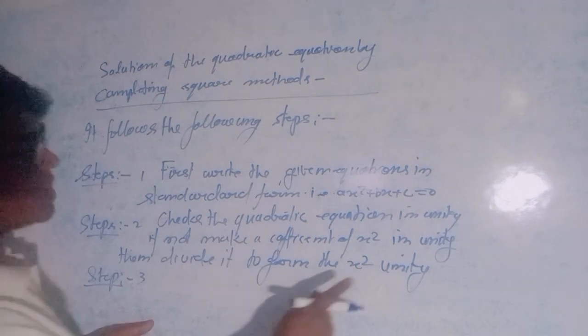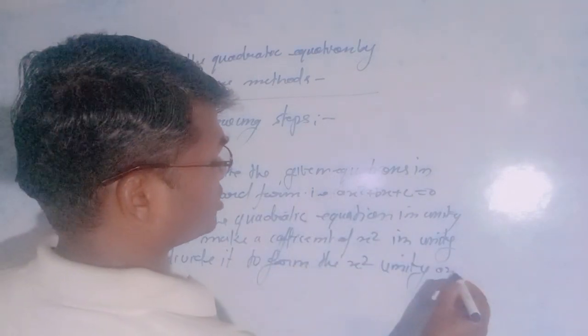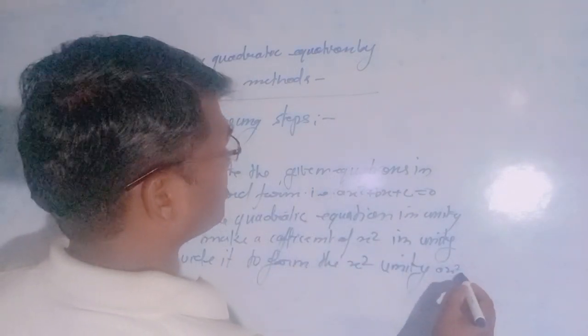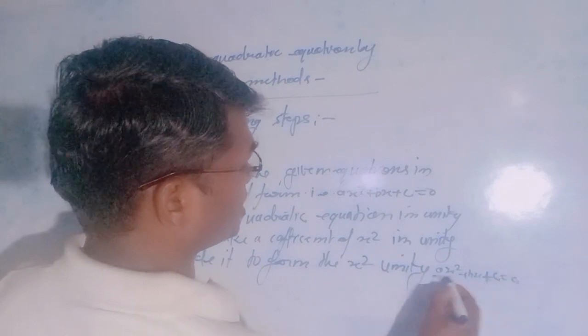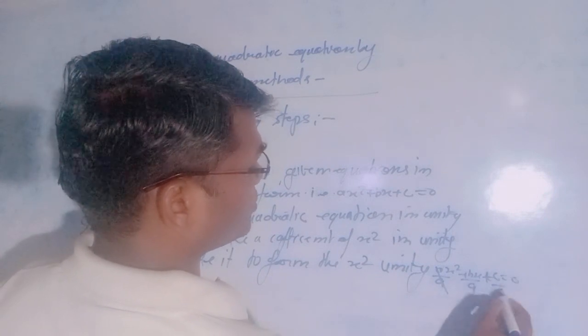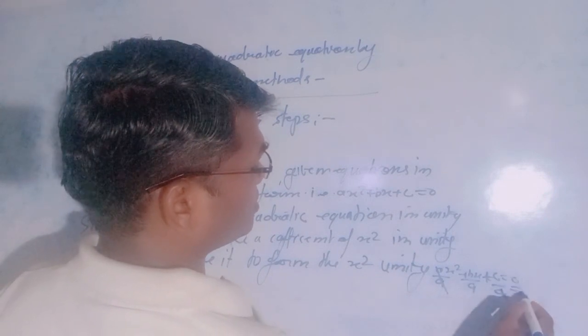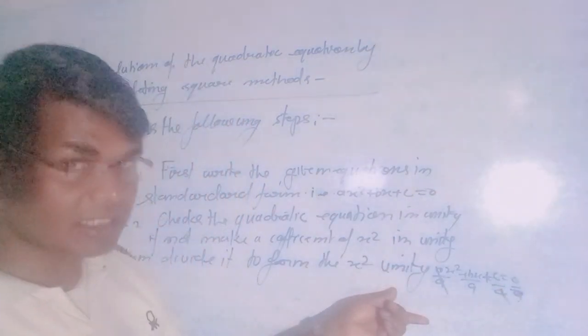Suppose we take the example ax square plus bx plus c is equal to 0. Then dividing by a, we get x square plus b by a x plus c by a is equal to 0. Okay, so we write it like this.